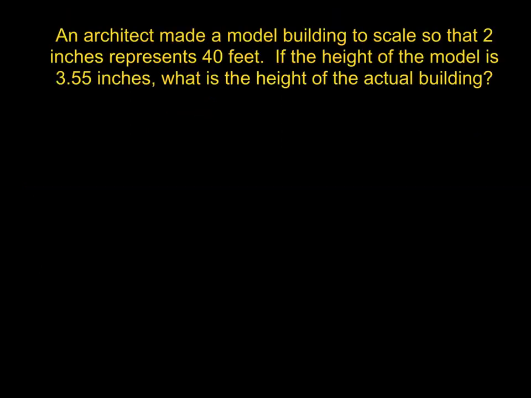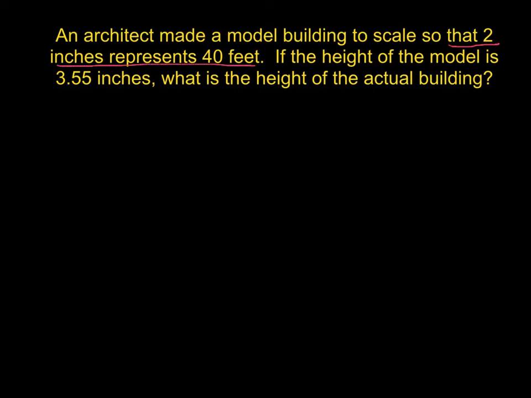Here is a second story problem and our last question of the lesson. And same thing, set up a proportion and then solve it. An architect made a model building to scale so that 2 inches represents 40 feet.